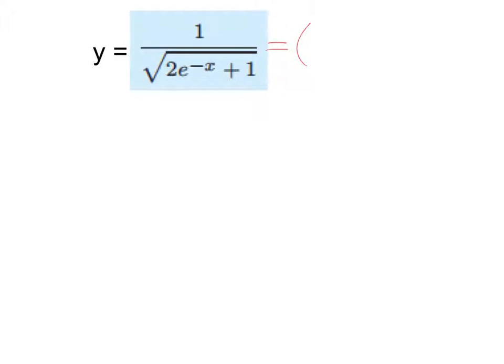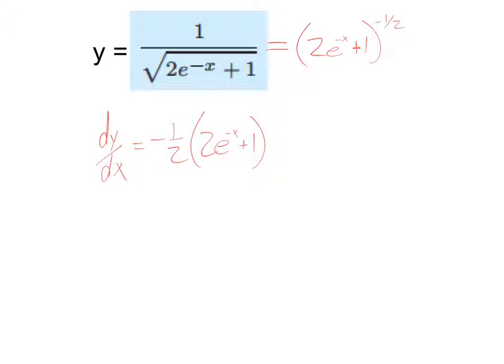We're going to rewrite this as 2e to the negative x plus 1 to the negative 1/2 power. Okay? So that means the derivative will be negative half multiplied by 2e raised to the negative x plus 1 raised to the negative 3/2.